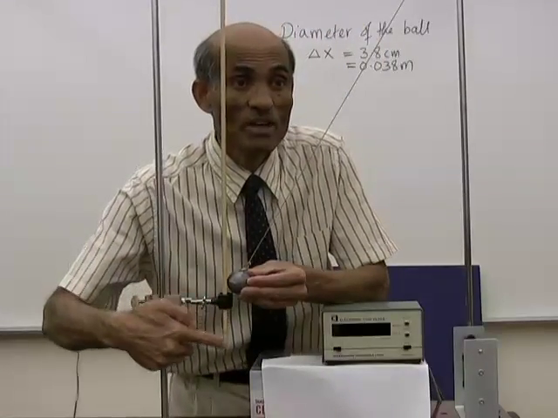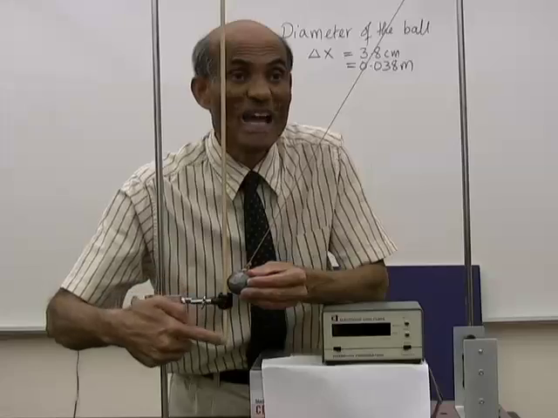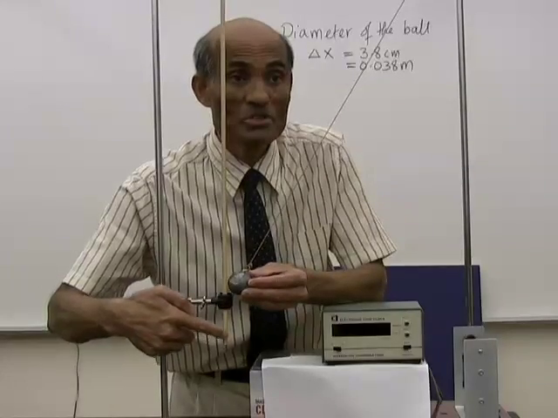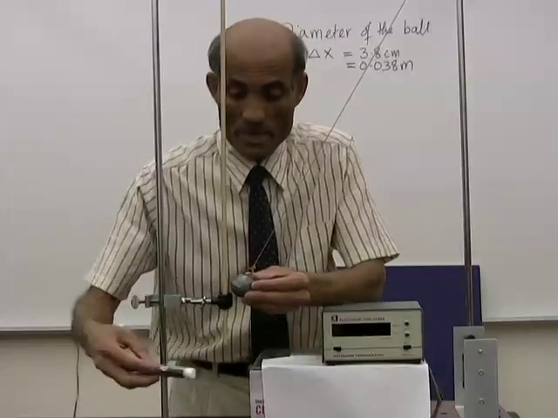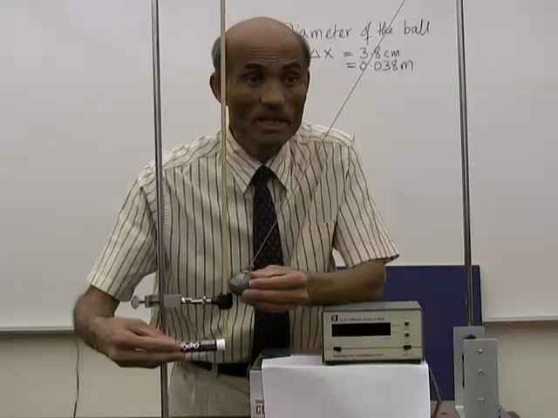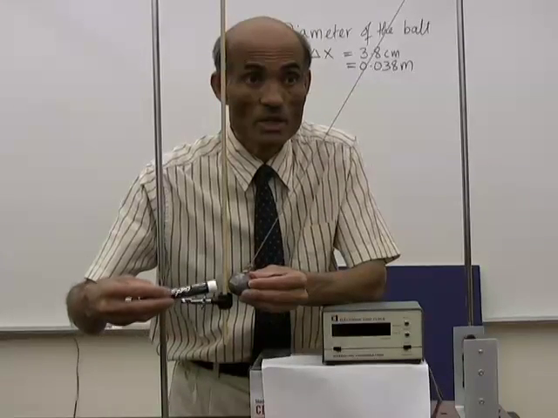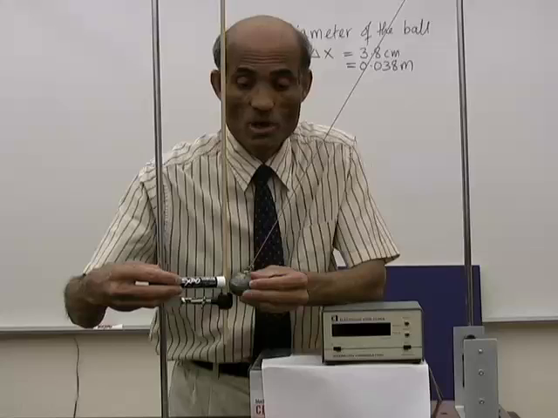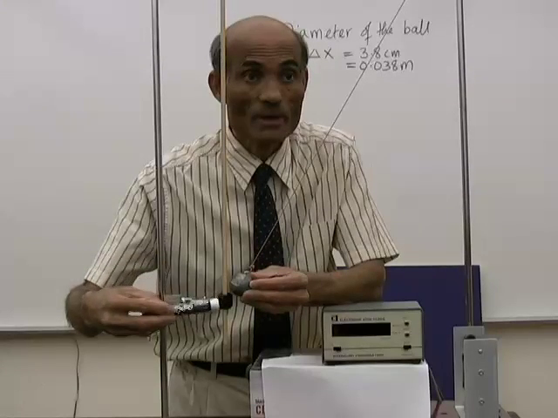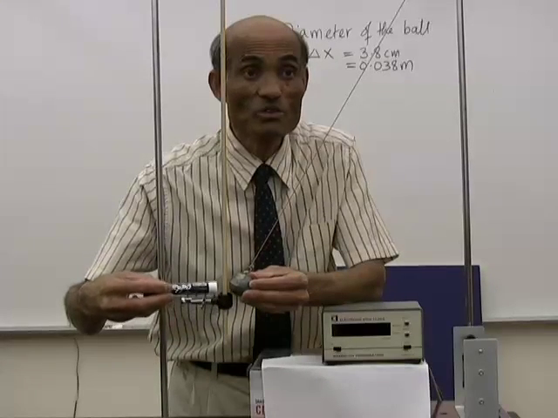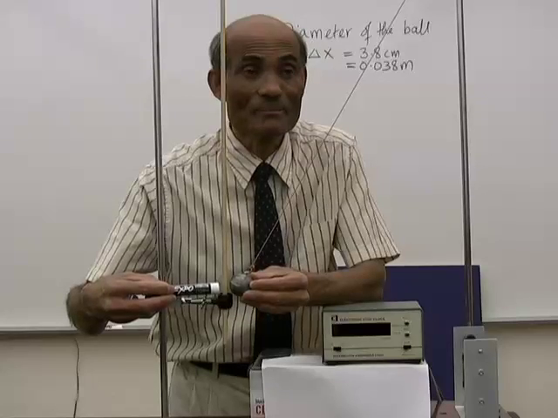Alright, this is one variable we call h. I want you to measure this. Measure the distance from the tip of the ruler to the center of the bob up to here, and its actual value is 10 centimeter.